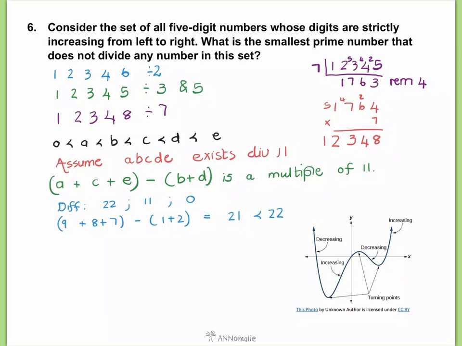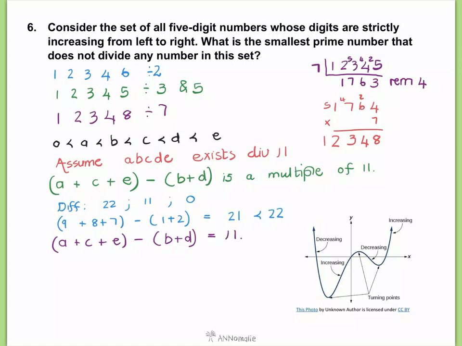So we know now that A plus C plus E minus B plus D must be equal to 11.